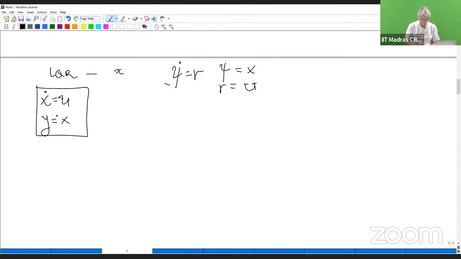In this case, I'm only interested in X. So that's it. So the big question is, when you have a system like this and you have measurements, what do you do? Okay, so remember this is R, and remember this is psi.